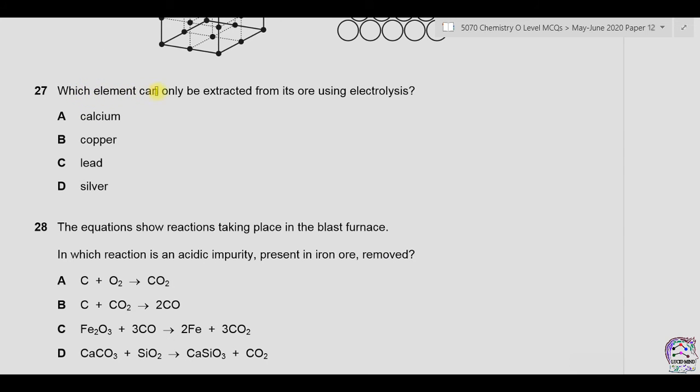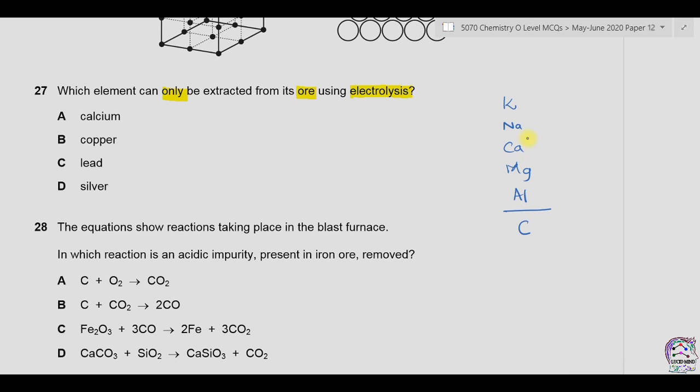Question 27. Which element can only be extracted from its ore using electrolysis? Now electrolysis is used for those metals that are highly reactive and whose oxides cannot be reduced by carbon alone. In the reactivity series we have potassium, sodium, calcium, magnesium, aluminum, and they are all more reactive than carbon.